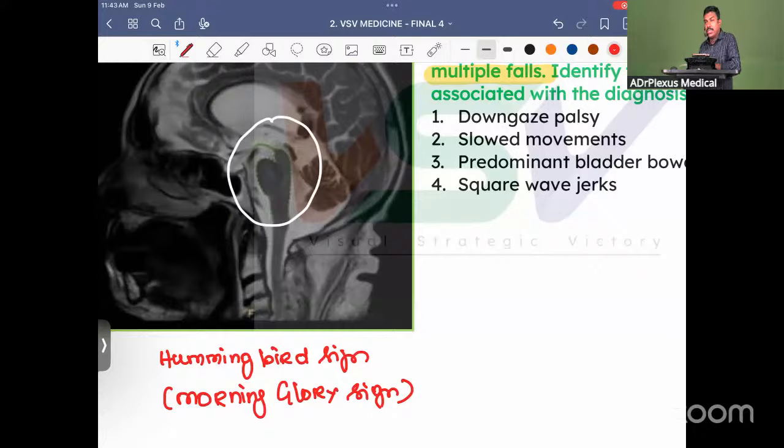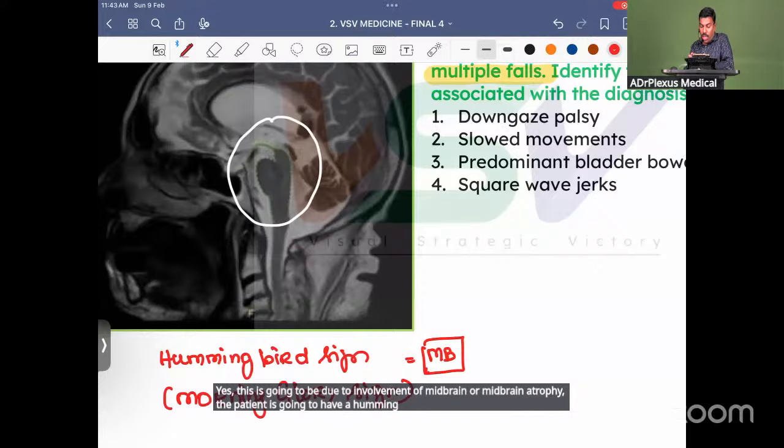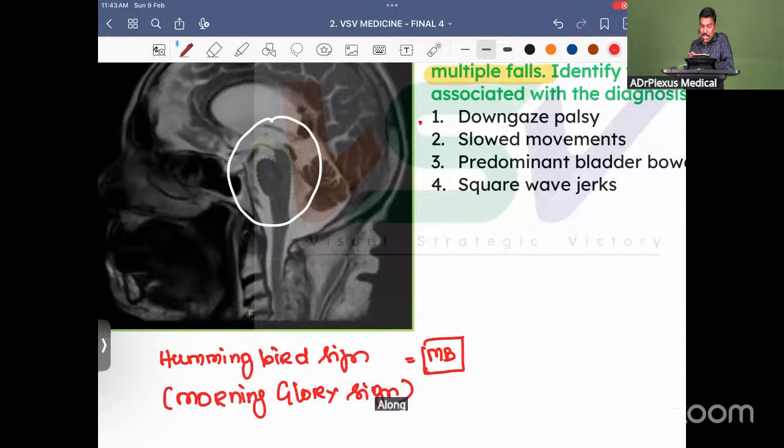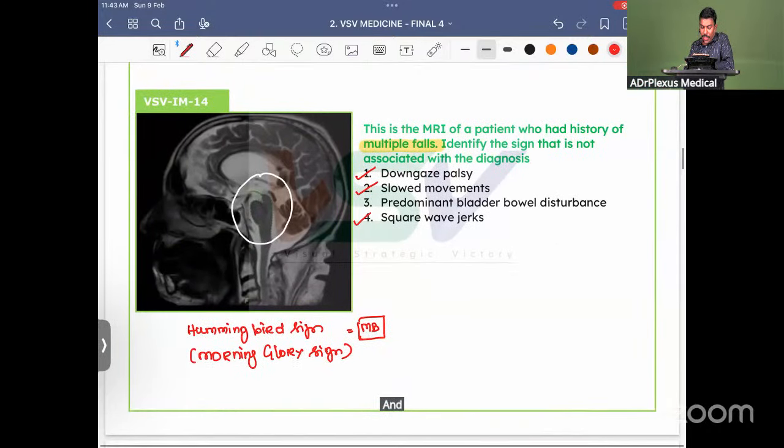This is due to involvement of the midbrain, or midbrain atrophy. Along with this down gaze palsy, the patient had slowing of movements and square wave jerks.